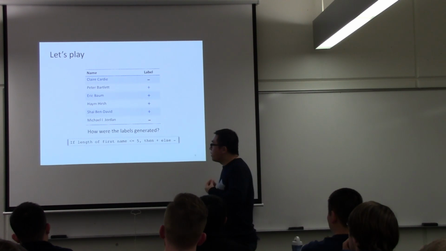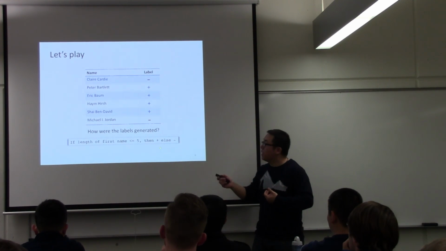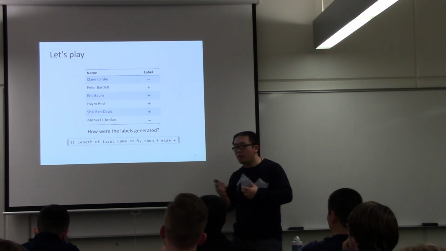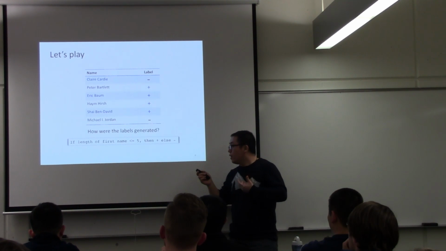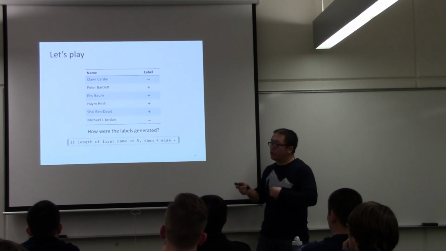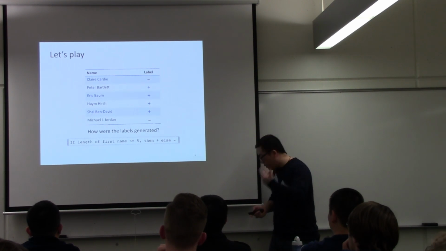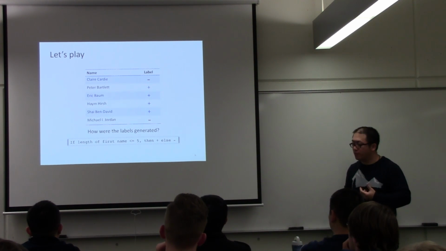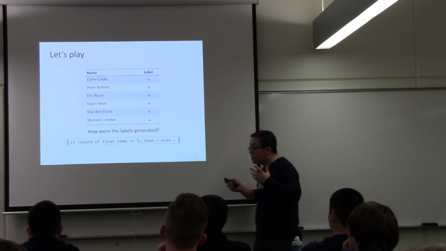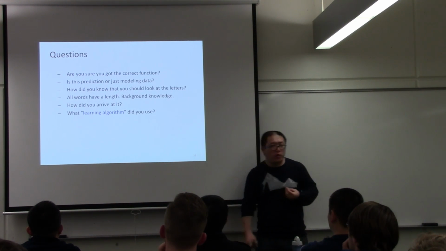So it looks like we are confident enough to apply our learned function to give labels to names outside of our training badges. But before we apply our learned function to new cases, we should ask a few questions.